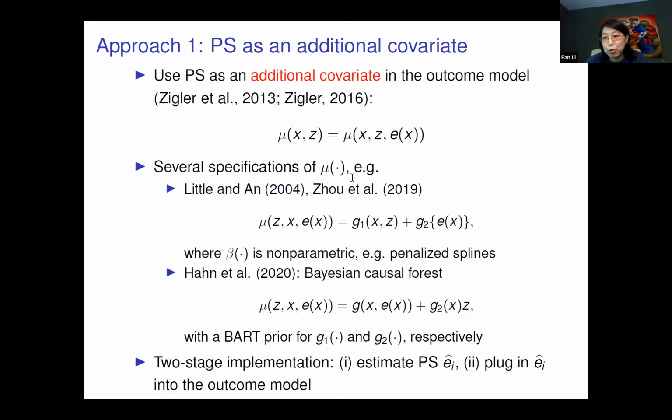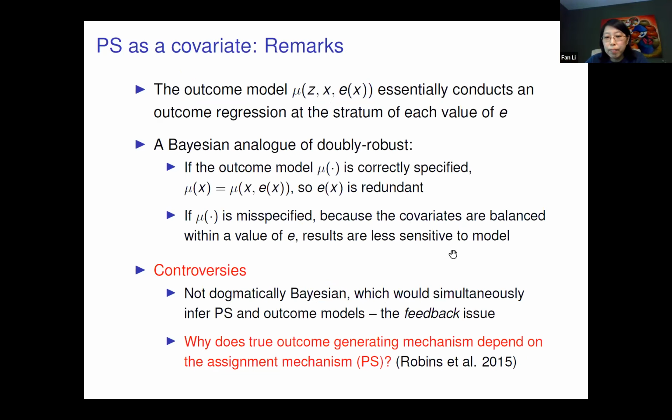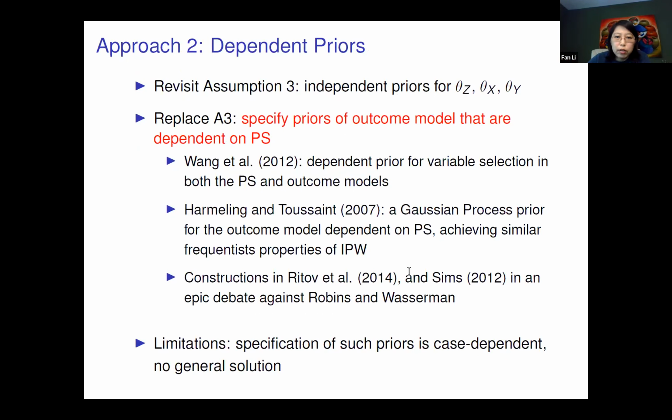So that is a conceptual uneasiness. Again, I personally don't find that bothering, but I don't have much time to discuss it. The same idea had actually been used in the survey literature before: people use propensity scores or survey weights to assist their model. So this is nothing new, but I don't have much time to discuss that.